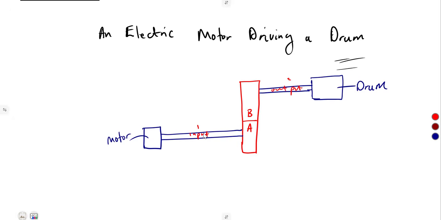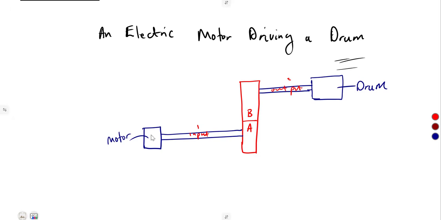So when you consider now, this shaft is carrying A and the motor, and this shaft is carrying B and what? The drum. So you must be very careful now when it comes to the shaft.